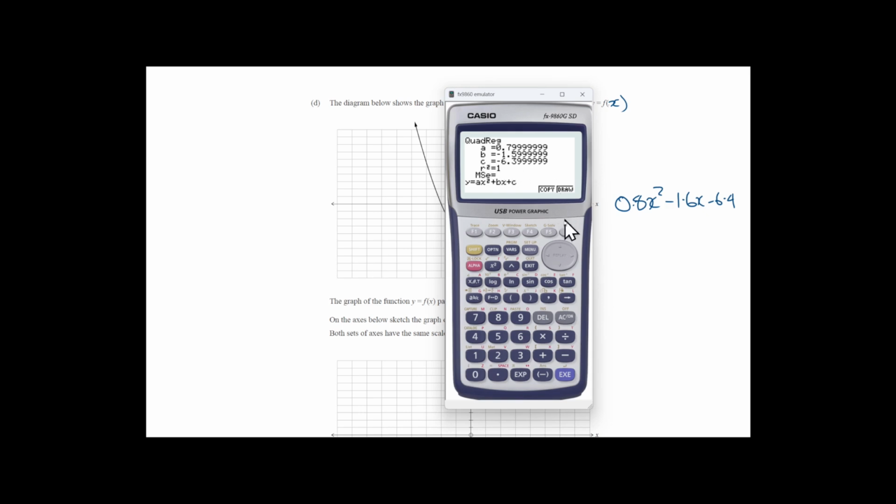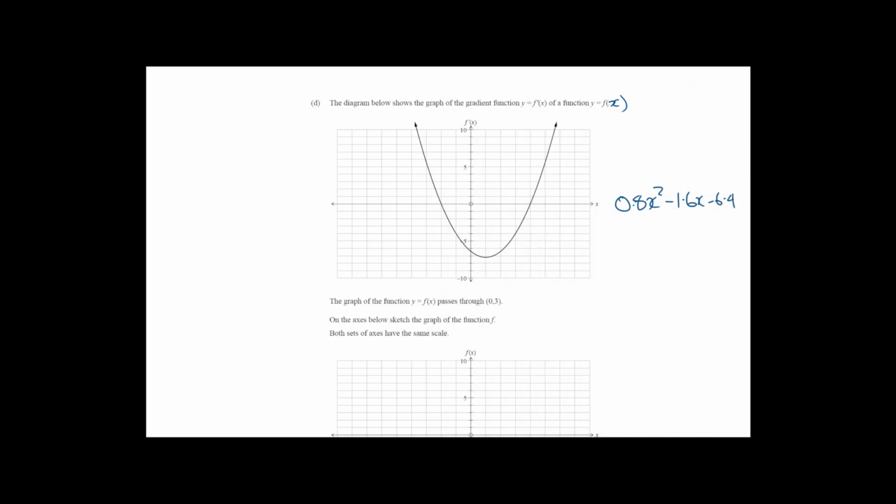I'm going to ignore these 999 bits. Okay, so we know that's the derivative, that's the equation of this line here, which is a derivative itself.